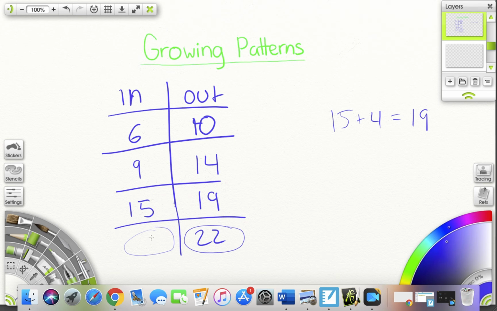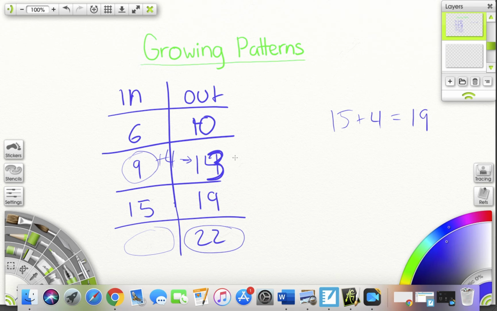The last one we have right here is 22, but we have to find out what the in number is. If we had to add 4 to our in number to get to 14, or sorry, this was supposed to be 13. Just realized that. In order to find out what our in number is when the out number is given to us, we have to do the opposite.